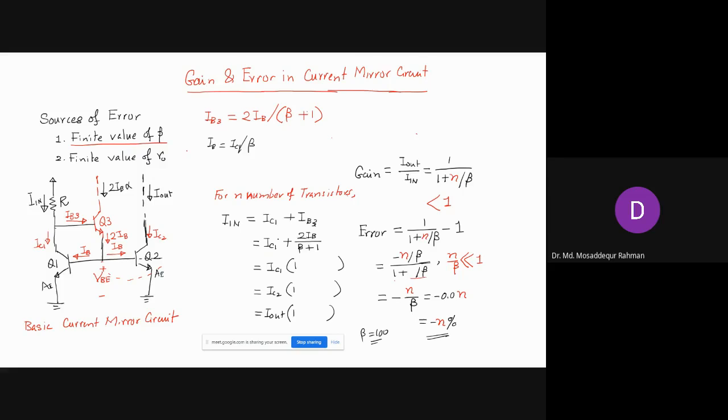IC1 divided by beta. So IC1, when you take it out, you are left with here 2 by beta and beta plus 1. Okay.